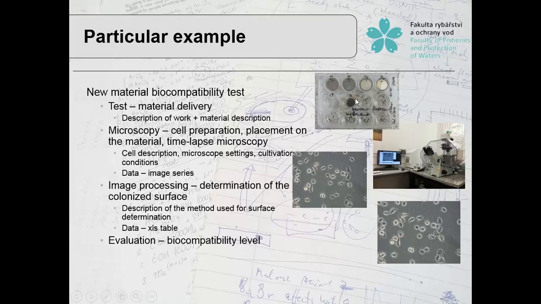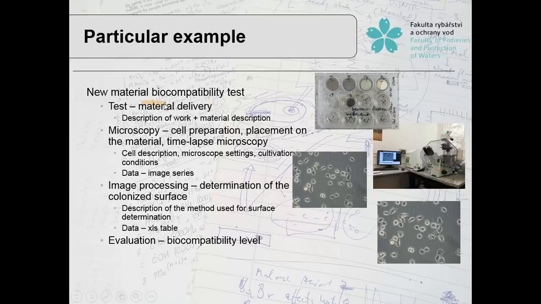If they grow well, it means that the material is probably biocompatible. If the cells die or don't grow well, it means that it has a different level of biocompatibility, or it is not biocompatible. So what they have to do, first of all, they somehow have to describe the material.